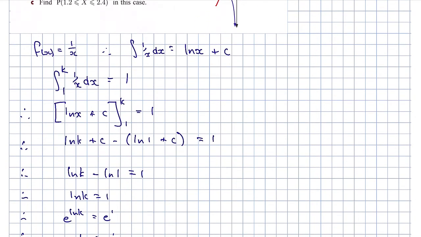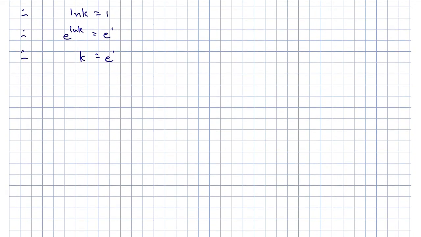Okay, so for part C, I'll just write it so we can see it on the screen again. The probability that the random variable is between 1.2 and 2.4 is just going to be equal to the area, the integral of 1 on x dx.